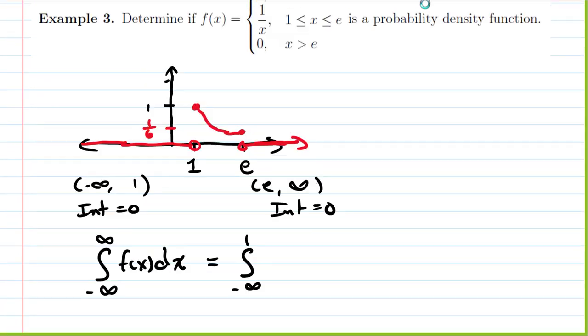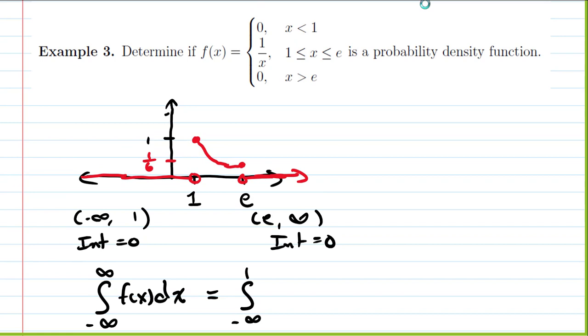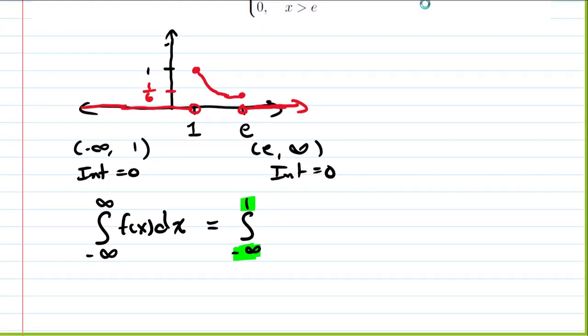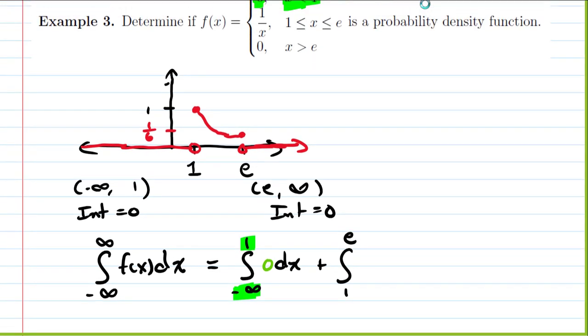And on that interval, from negative infinity to 1, we get that the integrand is 0, right? So we would have 0 dx plus the integral from 1 to e, and that's on this chunk in the middle, right?